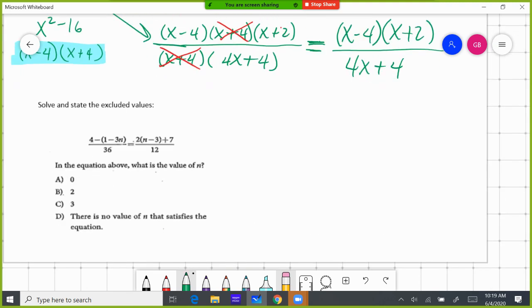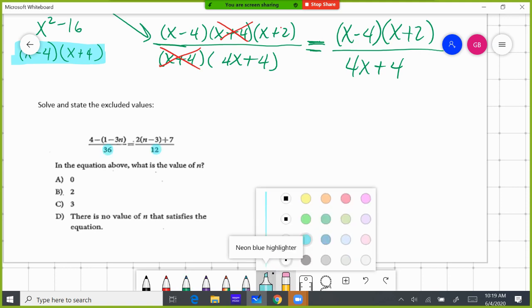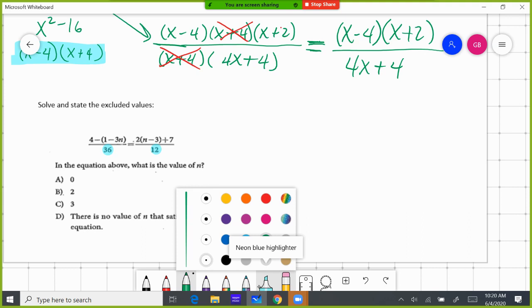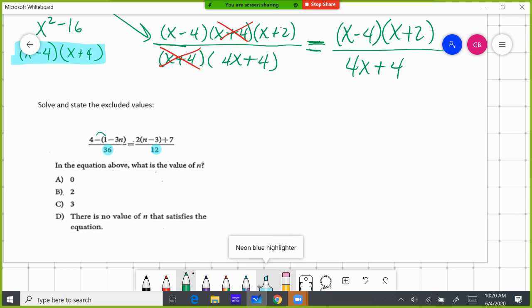Okay, and then last one here, solve and state the excluded values. So remember, the excluded values is when the denominator is 0. So there isn't any variable in the denominator, so this one actually doesn't have any excluded values. Okay, but we could still solve for n. So what I'm going to do first is distribute into the parentheses.